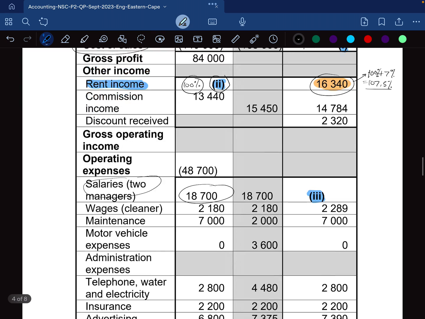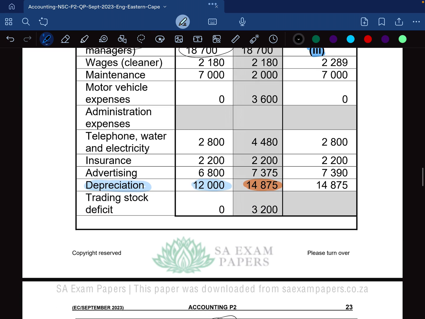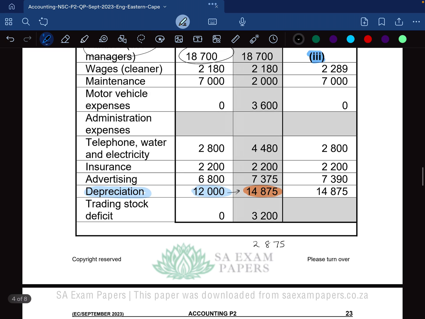Okay, so let's get on to the calculation. Now, we know that the difference between 12,000 and 14,875 would then be 2,875. Okay, then now that being the difference between the two, it simply means this is the depreciation for the new vehicle.